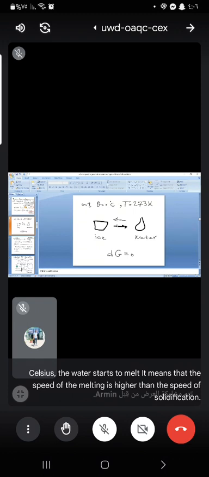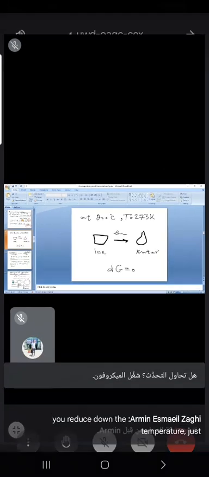And if you reduce the temperature just epsilon degrees Celsius below 0 degrees Celsius, the water starts to solidify at a slightly higher speed, so your piece of ice will grow. So this is what I have written here.